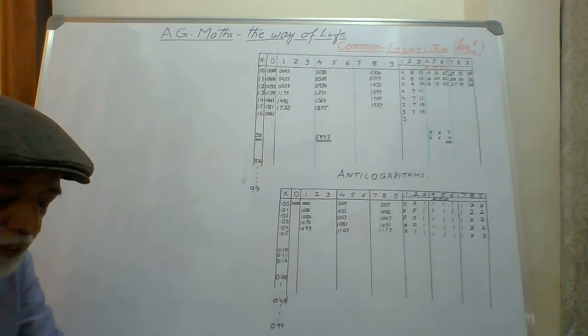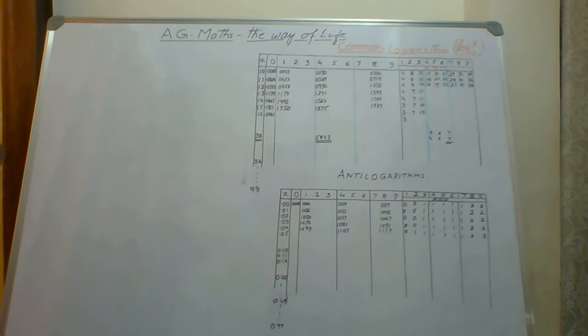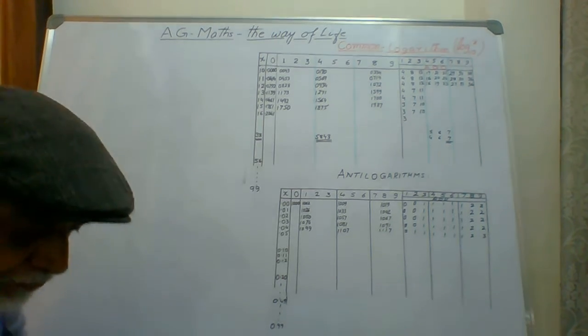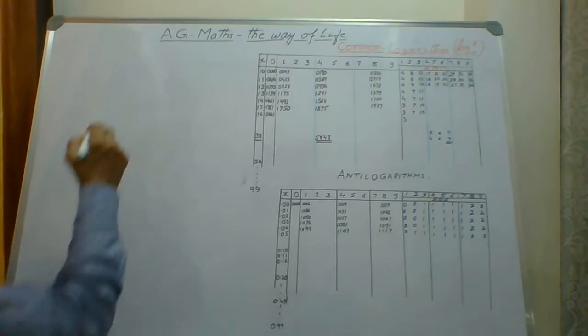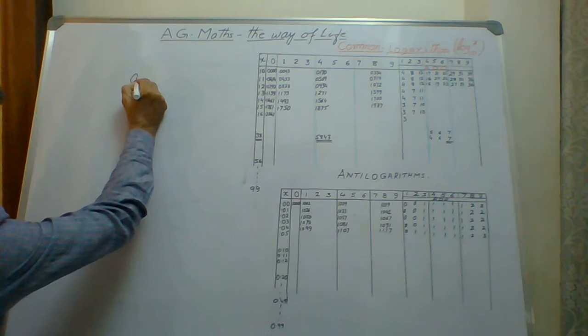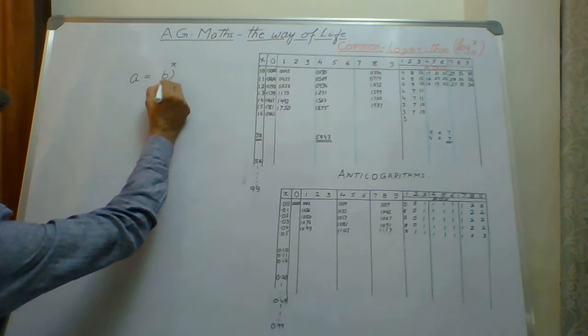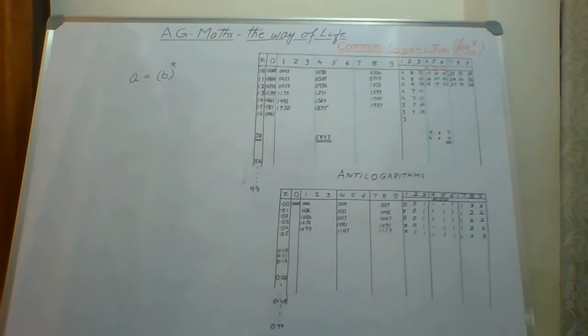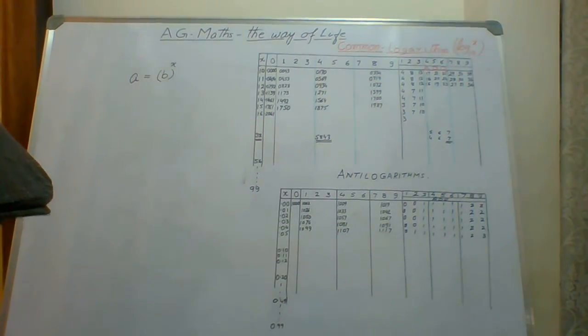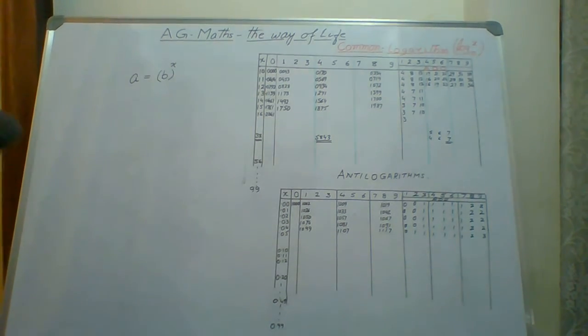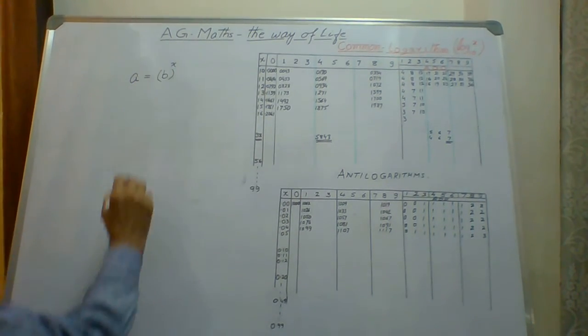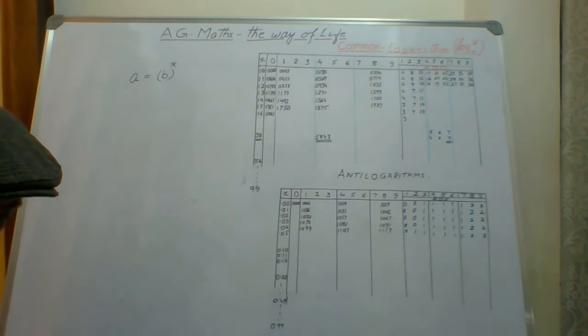So first of all, to tell you what is logarithm, and how it became a mathematical subject for study. If you have three numbers written like a is equal to b raised to the power x, if three numbers are related like this, it is called exponential form or the index form. Index means anything which is raised as a power, exponential is also related to that.